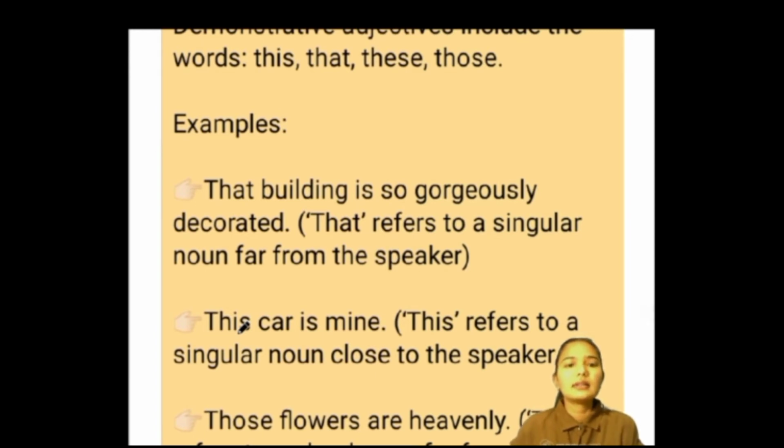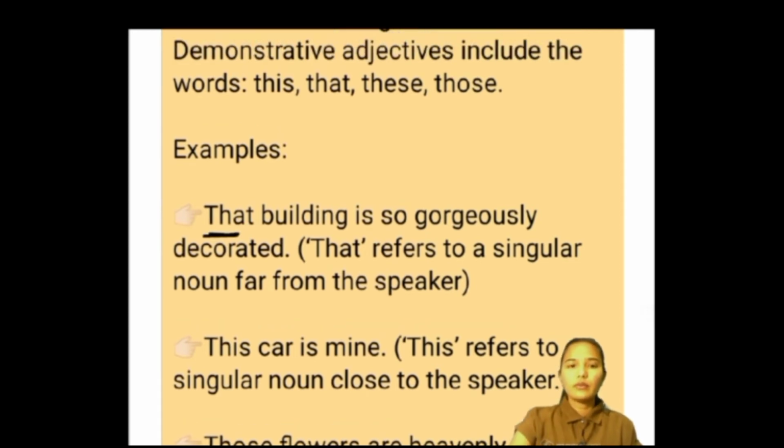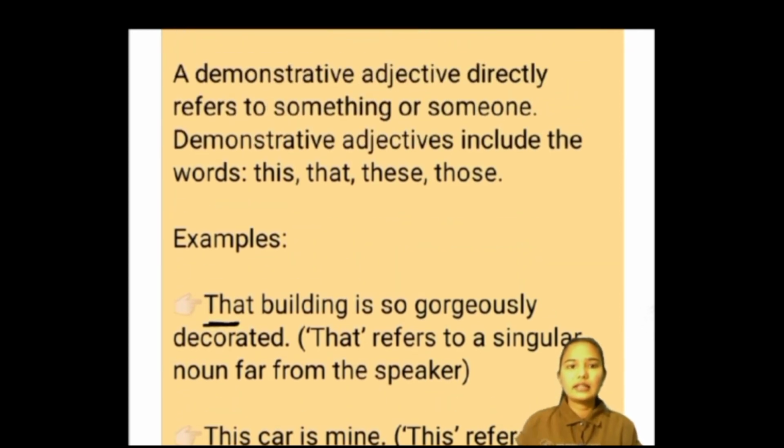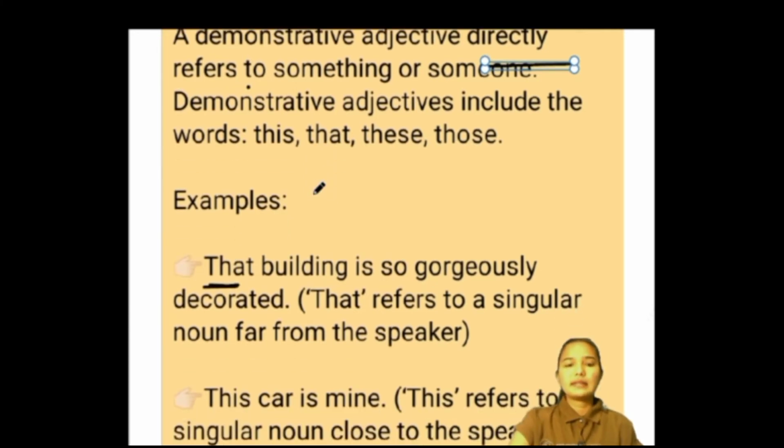Just focus on this word that. That refers to a singular noun far from the speaker. It's telling the direct relation, directly referring to something or someone.